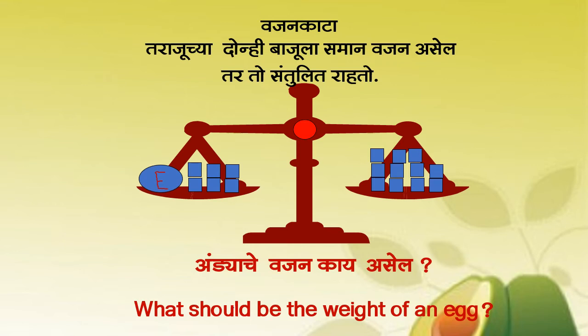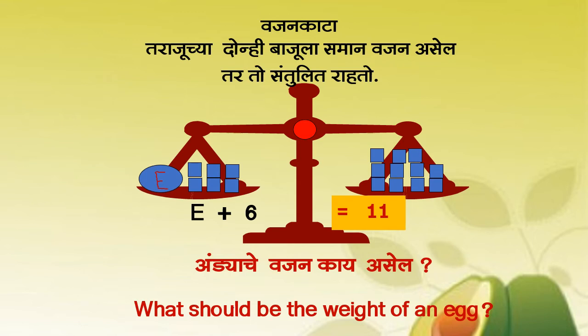So we can write it as, see here, E plus 6. On the left hand side, how many eggs are there? Only one egg, and 6 blocks are there. And on the right hand side, equal to 11 blocks are there, right? So this is an equation.